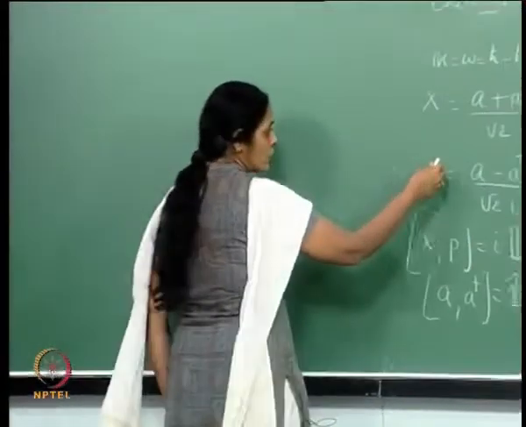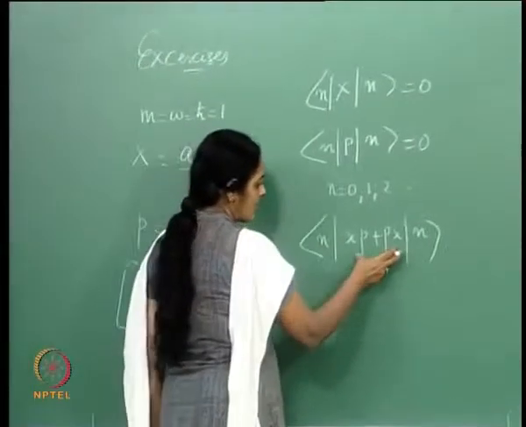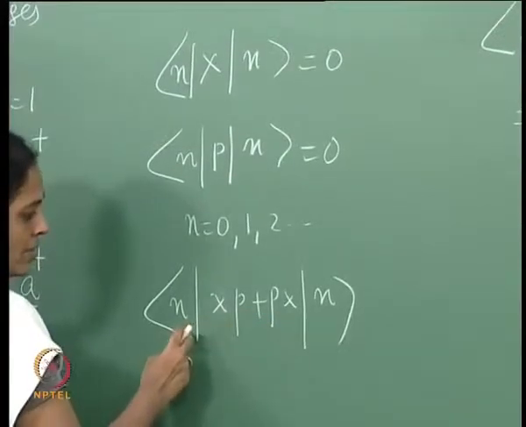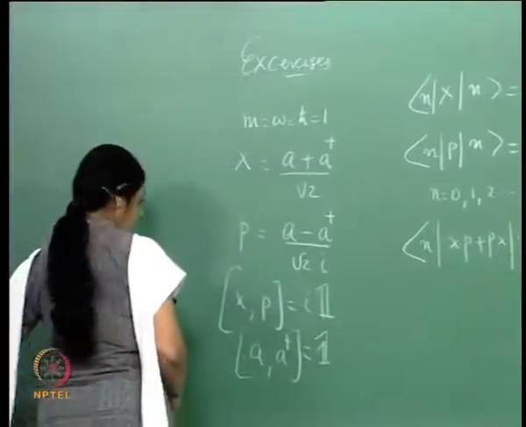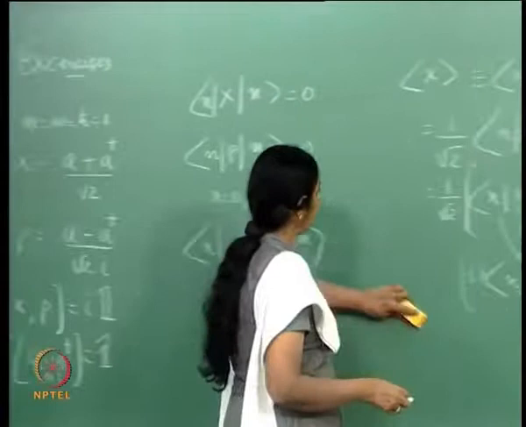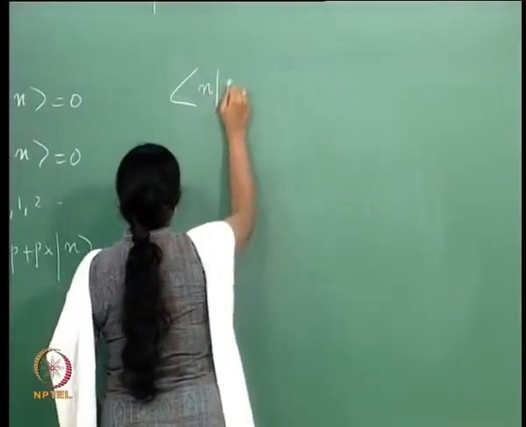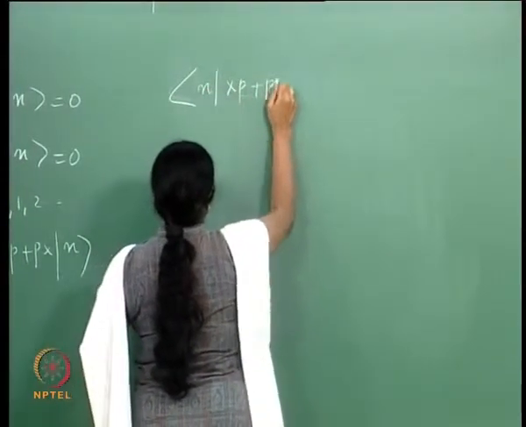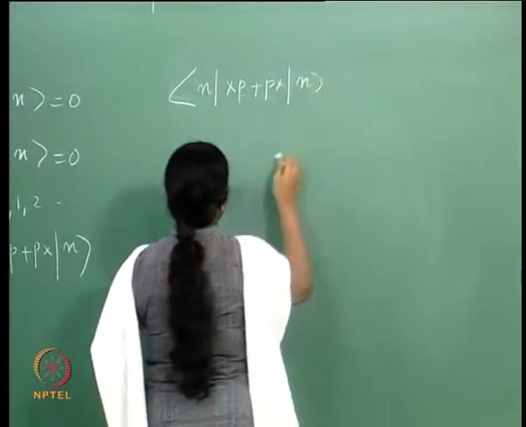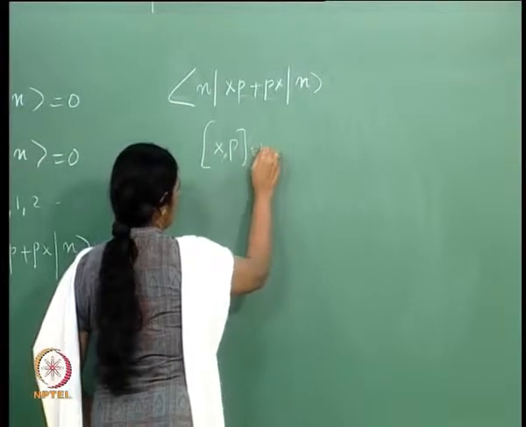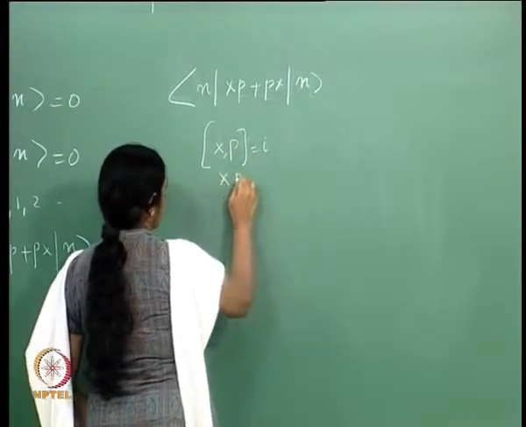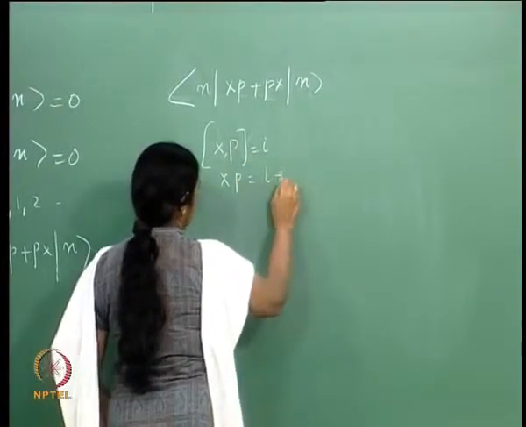The next thing I wish to prove is that this object is also equal to 0. So, let me work that out. We start with <n|(xp plus px)|n>, but we know that the commutator of x with p is i, therefore, xp is i plus px.